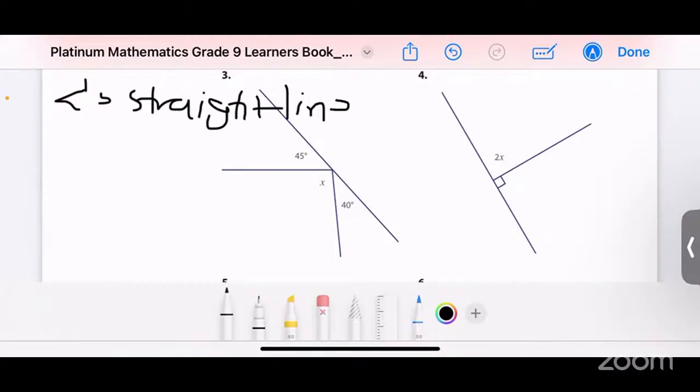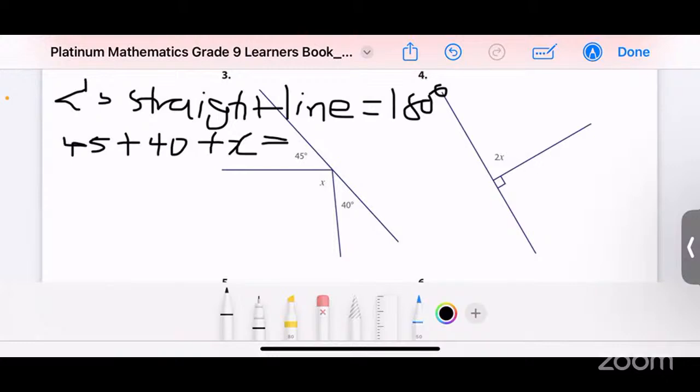That's a straight line, which is equal to 180. So we are now saying 45 plus 40 plus X must equal 180.